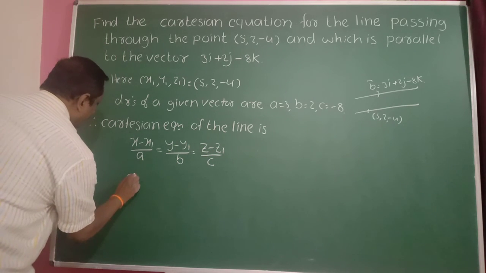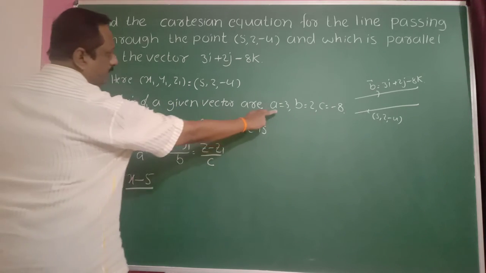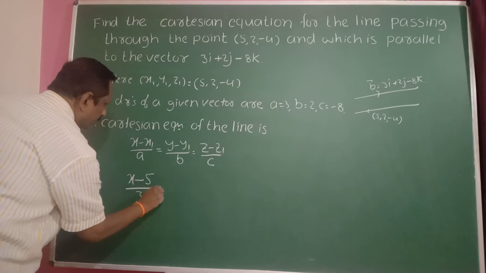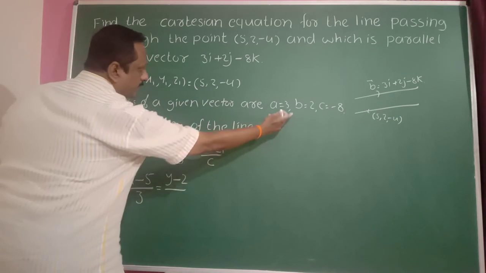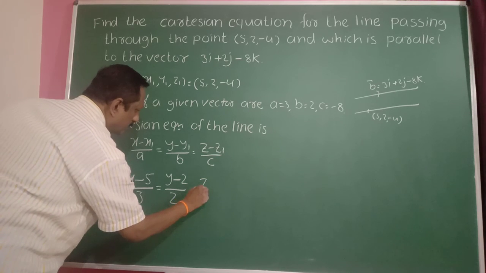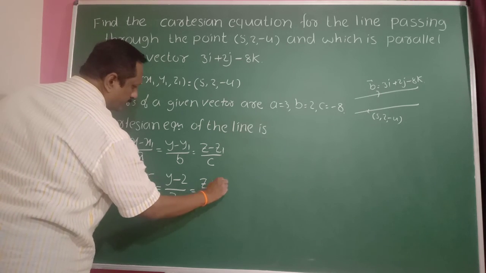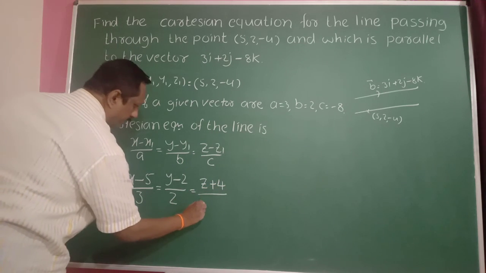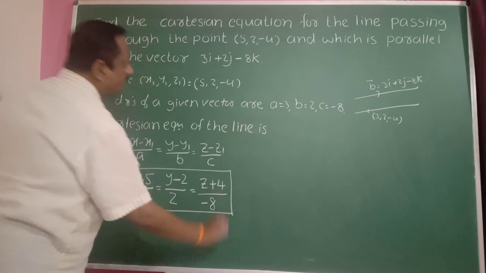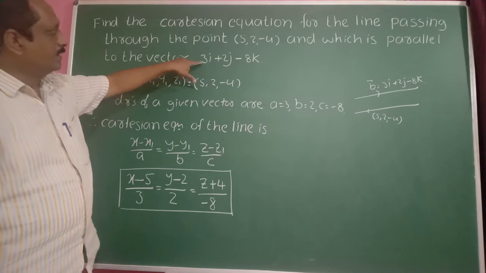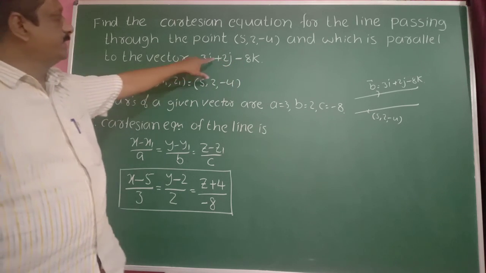Hence (x − 5)/3 = (y − 2)/2 = (z + 4)/(−8), since minus of minus becomes plus 4. So this is the Cartesian equation of the line passing through the point (5, 2, −4) parallel to the given vector 3i + 2j − 8k, whose direction ratios are 3, 2 and −8.